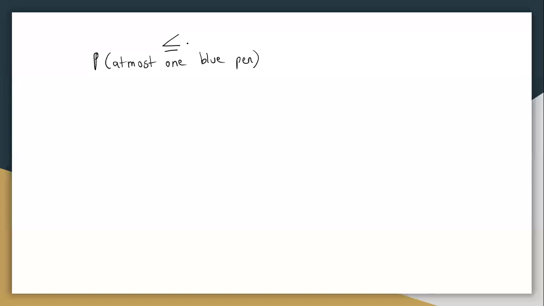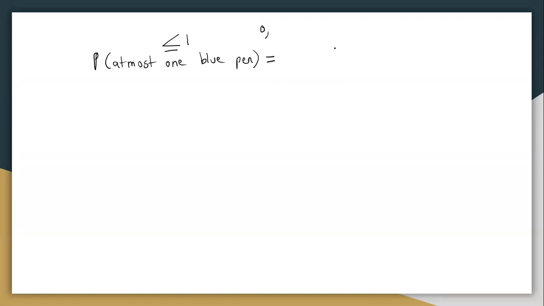So at most one means less than or equal to one. It means you may have no blue pen at all: you can have 0 blue pen or just one blue pen.